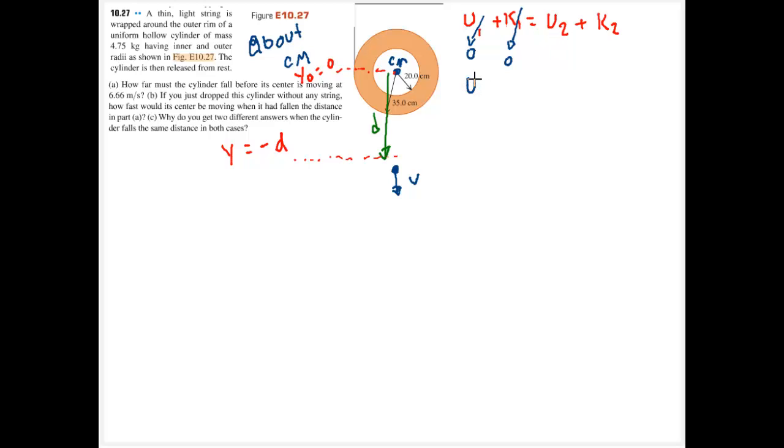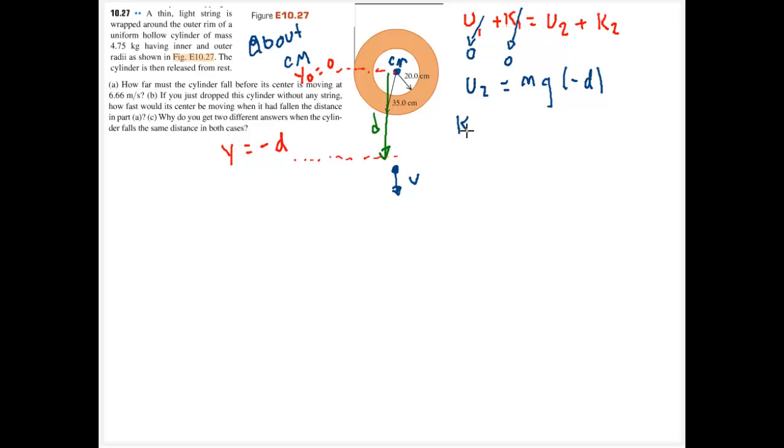My finishing potential energy is going to be negative because I'm below where I started. It's going to be mass times gravity times the distance that I dropped. And the kinetic energy is going to have two forms.